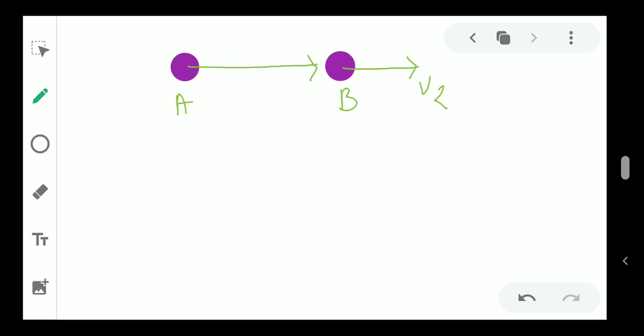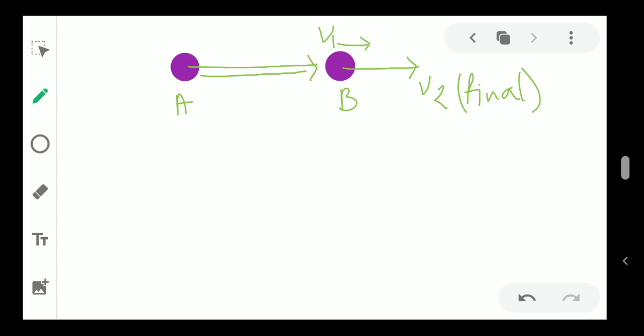Initially ball B was also moving and ball A was also moving, but ball A has transferred some extra velocity to ball B, so that its velocity has increased. Initially ball B was having velocity v1 and finally it was having velocity v2. So that means something has been transferred to it so that it has changed the state, because it was moving with velocity v1 and now it is moving with velocity v2.